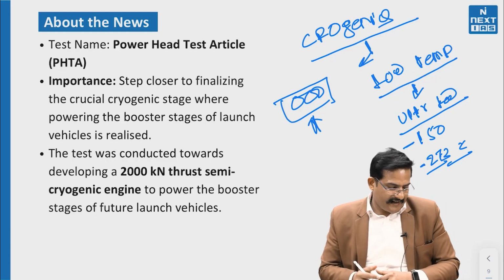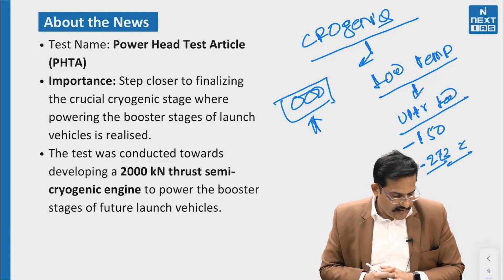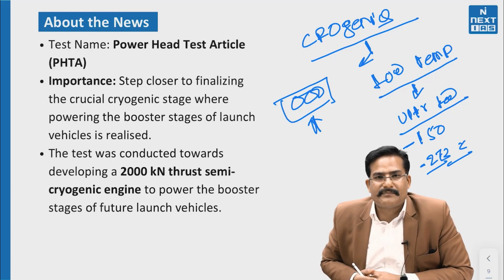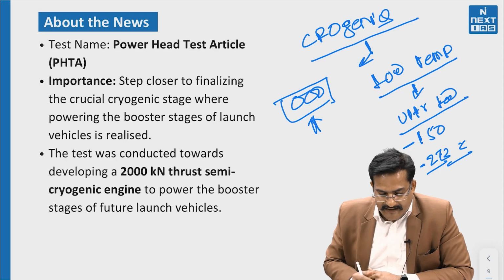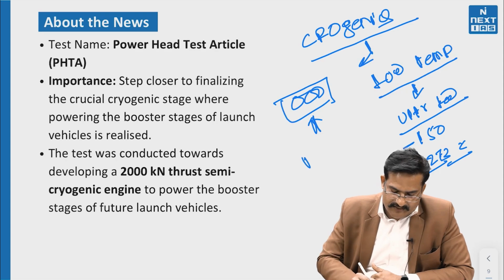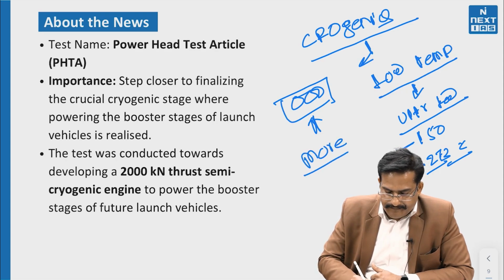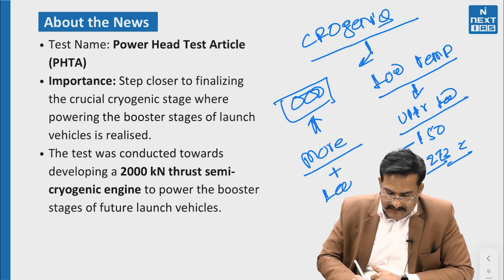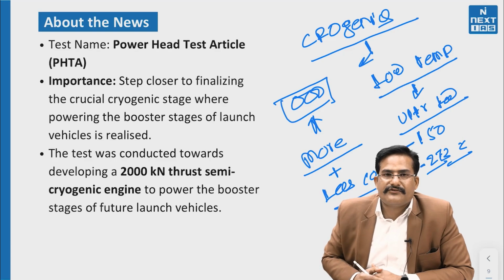This simple methodology is used to deal with various aspects of cryogenics, and one of the aspects is building cryogenic engines. What does a cryogenic engine offer? It is more efficient because it provides more thrust, plus it is cost effective as well.